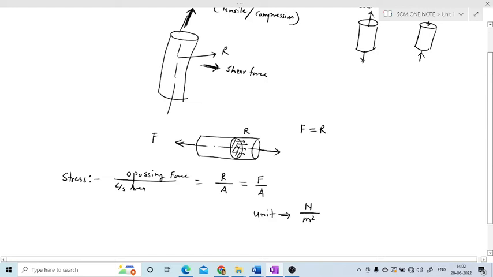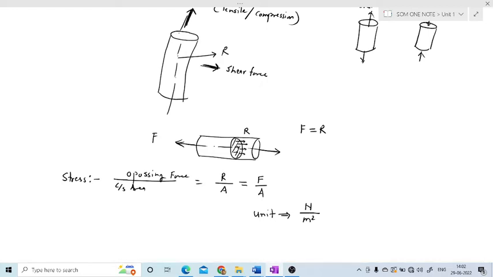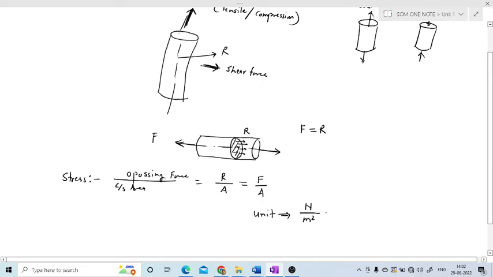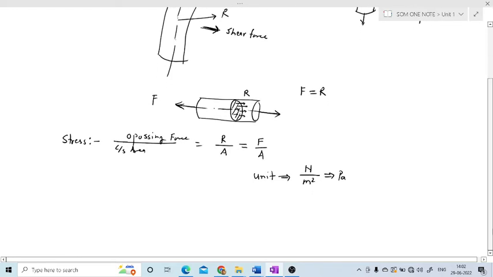So the unit of stress is Newton per meter square. Normally this Newton per meter square is called Pascal. Now in some numericals we will require the conversion of unit, so simultaneously I am going to write the unit conversion here.